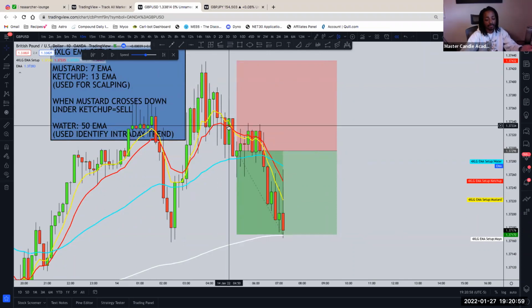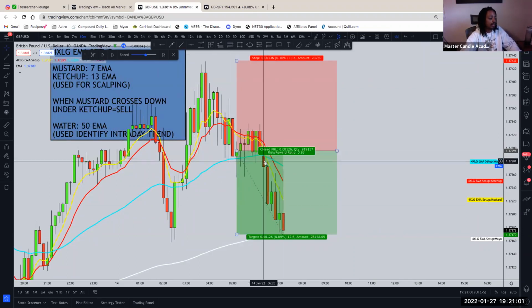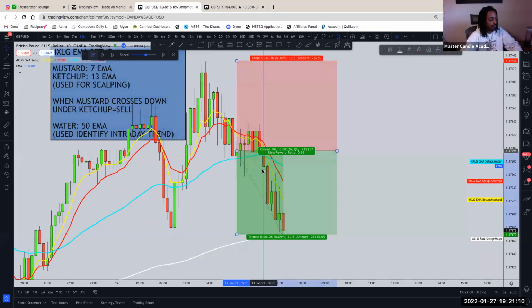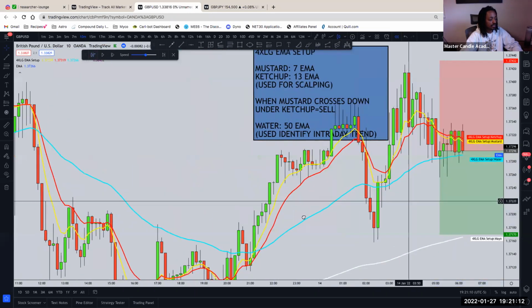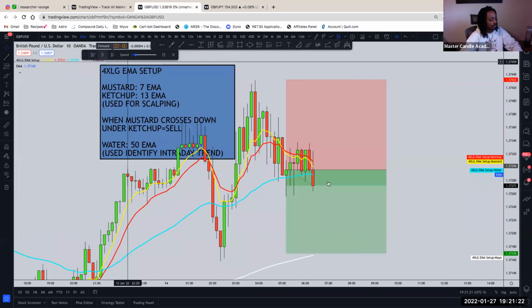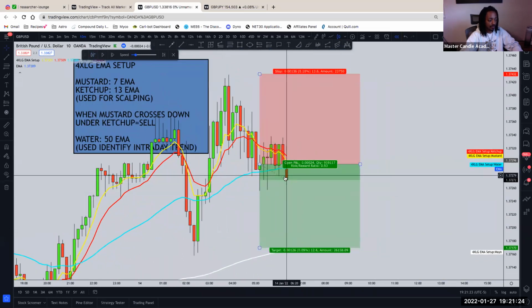So the cool thing is when you've already gotten your cross and you know that price is selling, as soon as price broke underwater, right? And I let the scalp play out first so we can see. As soon as we got this candle closed underwater, what was this confirmation of?